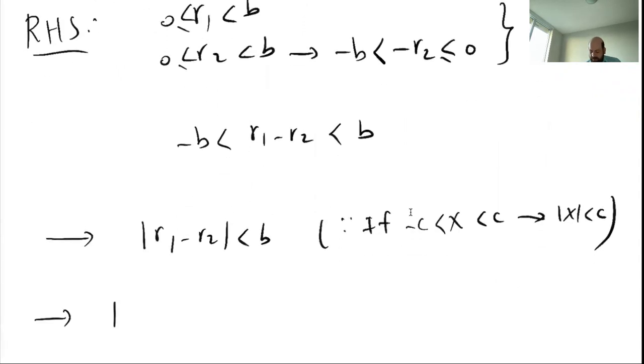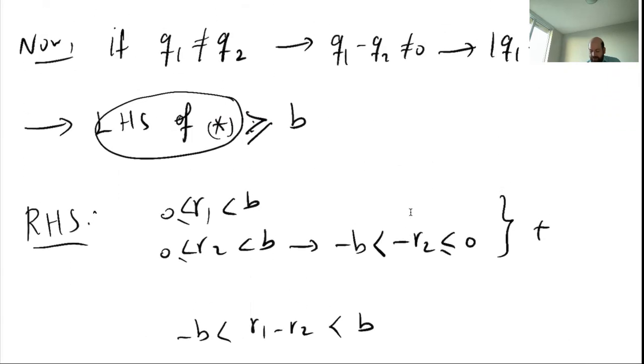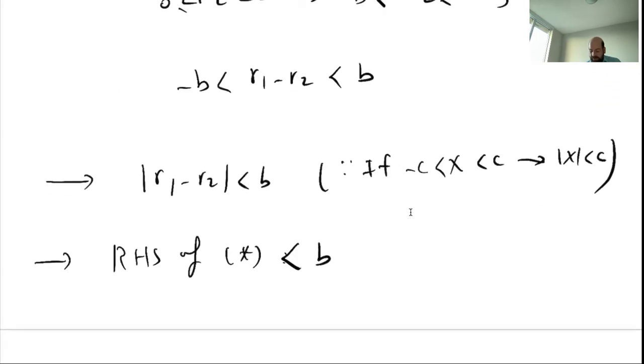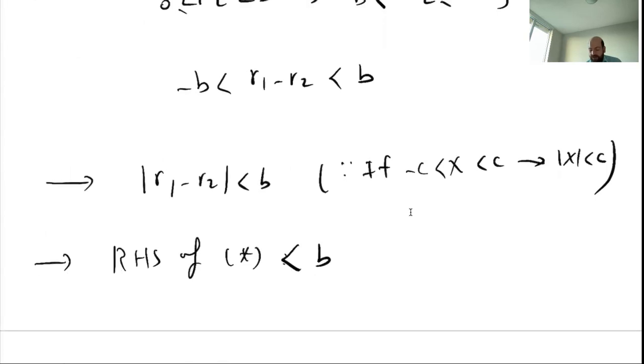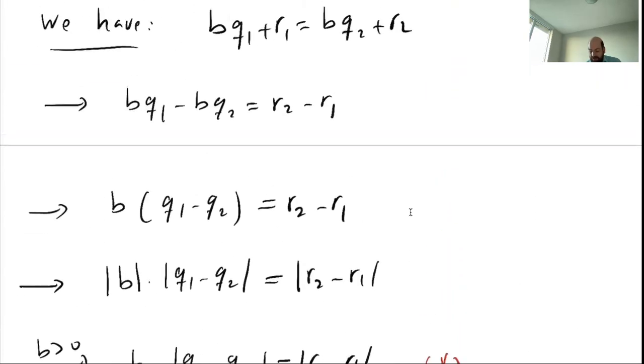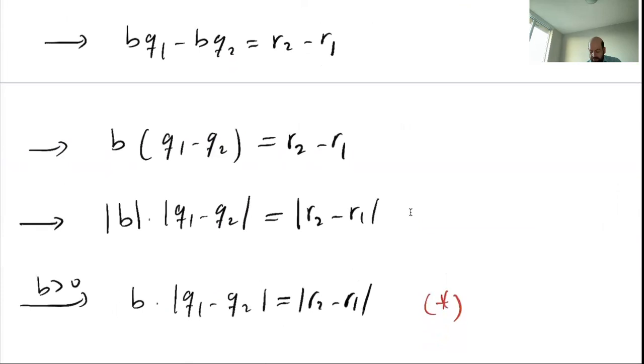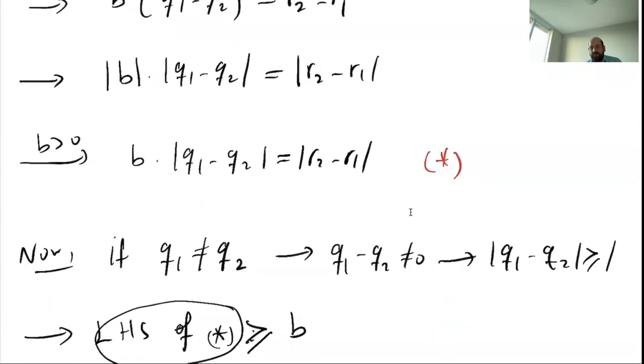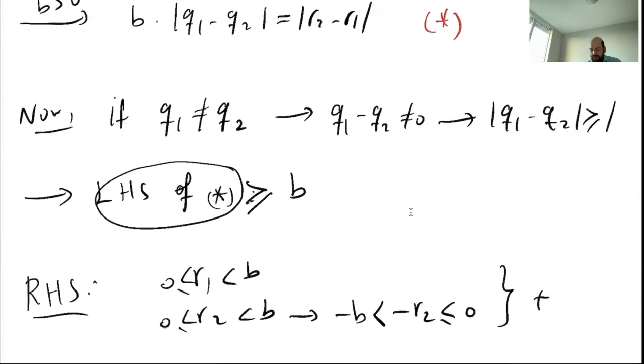So that means the right-hand side of star is less than B. The left-hand side was bigger than or equal to B, the right-hand side will be less than B. So I will have a contradiction if Q1 is not equal to Q2. I want to show Q1 is equal to Q2, but if Q1 is not equal to Q2, then I have a contradiction. Why?